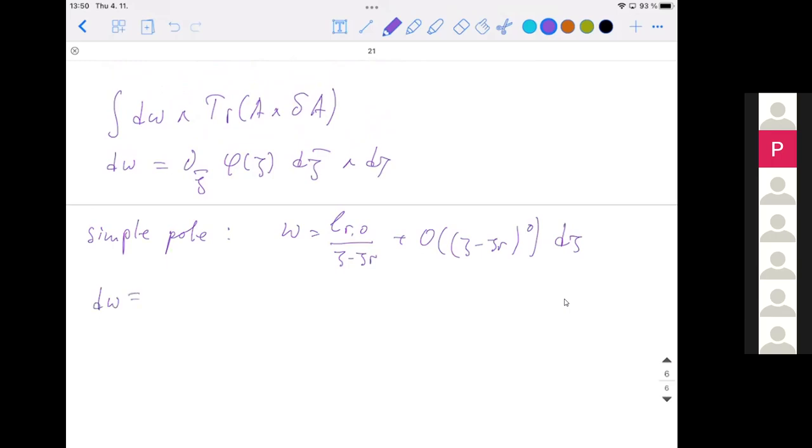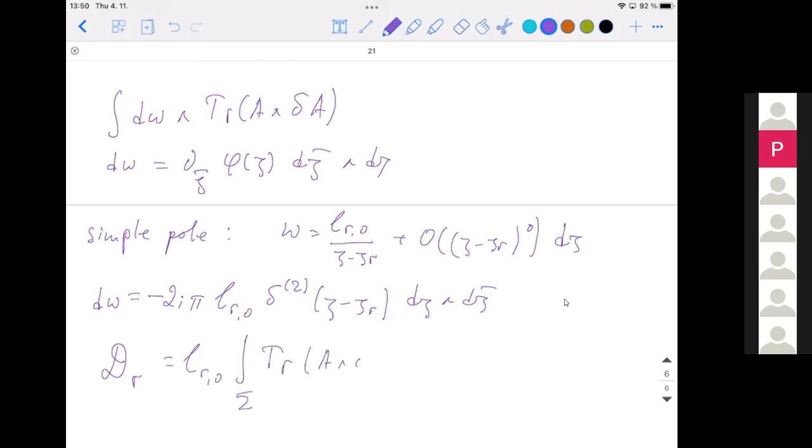So just 2i pi maybe some L over 0, and this is it, zeta r, dz bar. So the defect term, let's call it this, on R, zeta r, is just this on sigma, trace A delta A on zeta r.